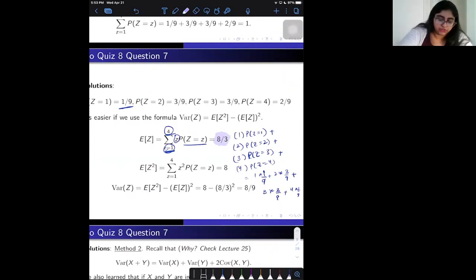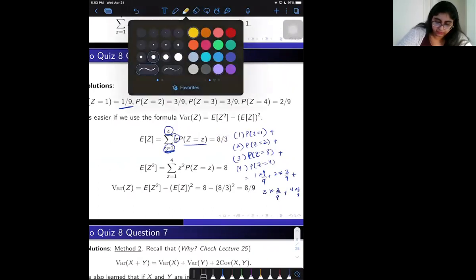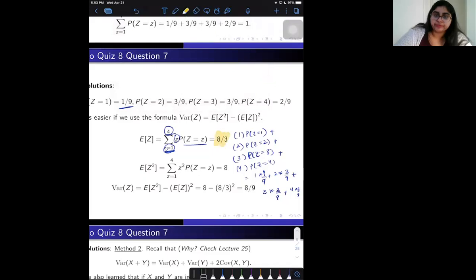Is this clear? Does that make sense? Everyone clear? You add this value, this value, this value, and this value to get 8/3. Yeah, cool.